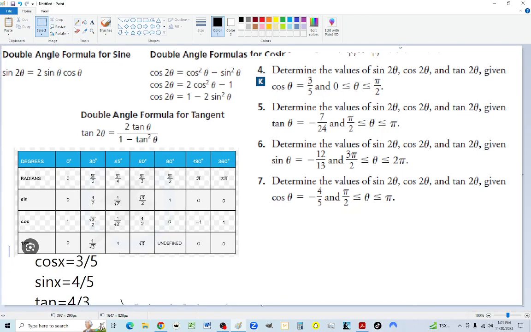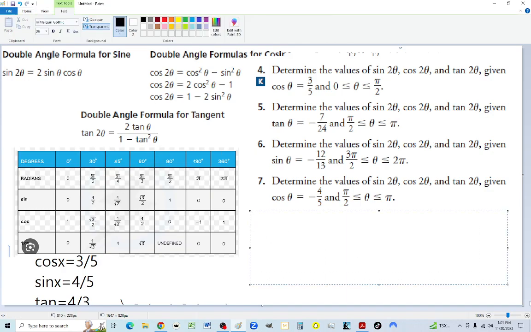Which means if I want to figure out sine of 2x, it's 2 times sine of x times cos of x, but they've given us sine of x. We figured out sine of x is 4 over 5, so 2 times 4 over 5 and 3 over 5. If we do 2 times 4 times 3, we get 24 over 25. And so that's what sine 2x is equal to.